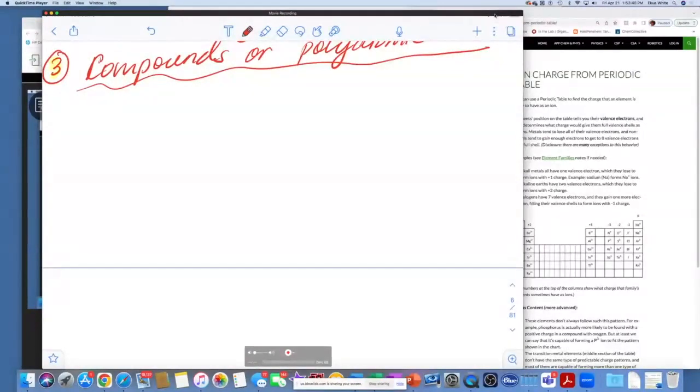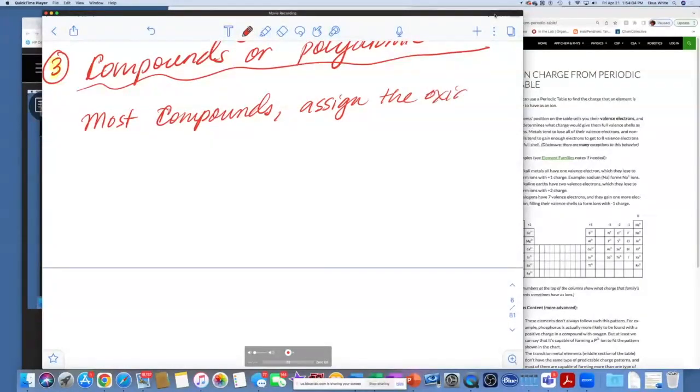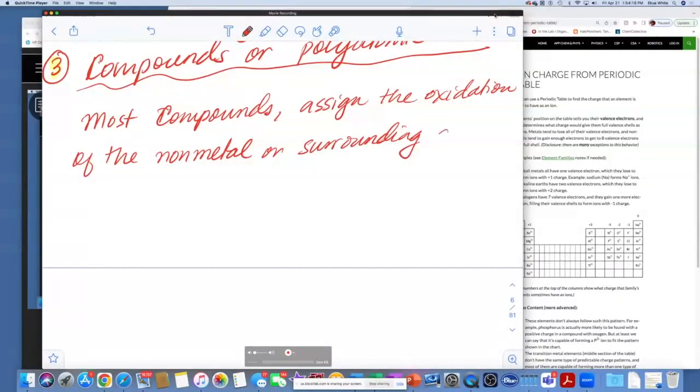So for most compounds, let me say here, for most compounds, assign the oxidation number of the non-metal or surrounding atom first. That's a long statement, right?